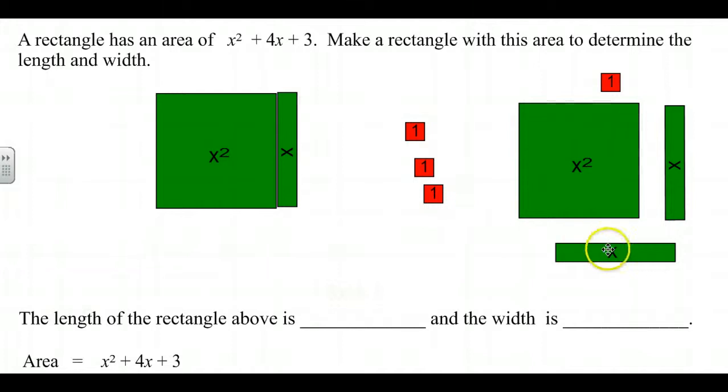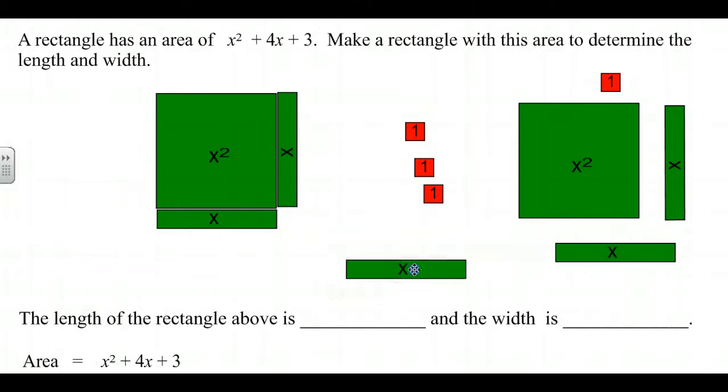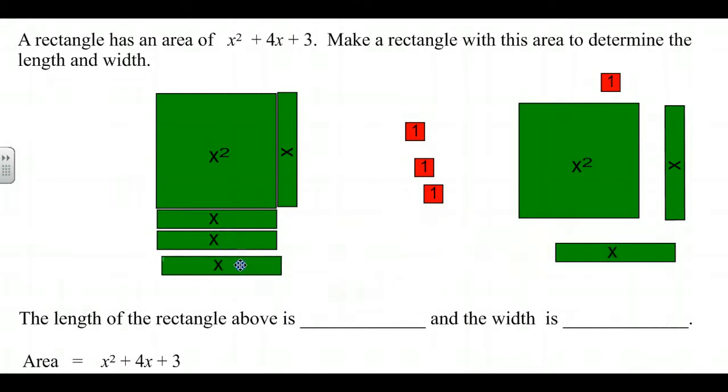I'm going to need probably 1 down here. Now if you do that, you notice I can fill in one of the 1's, but I've only got 2. I need a couple more x's. I'm going to put 1 here, and you'll notice that if I stack 3, here we've got our x squared, we have our 4 x's, and I have space for 3, so I can make a rectangle.